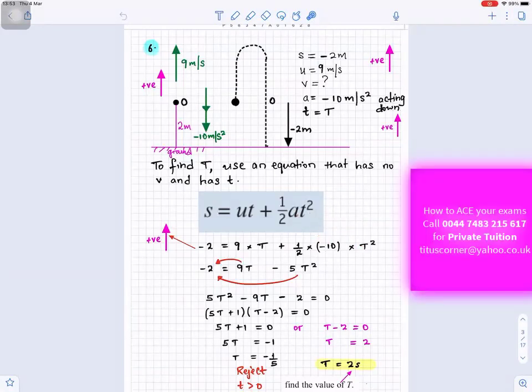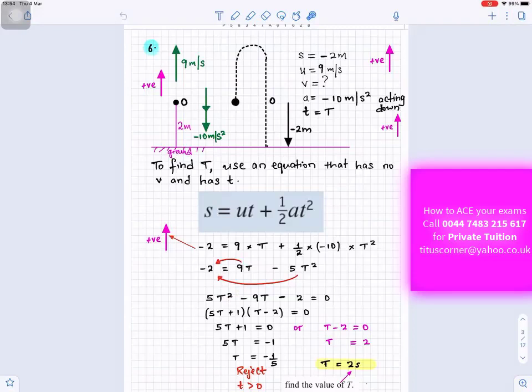Now, minus 10 divided by 2 is minus 5. So we can take the minus 5T squared and the 9T to the left. So it becomes 5T squared minus 9T minus 2 equals 0.